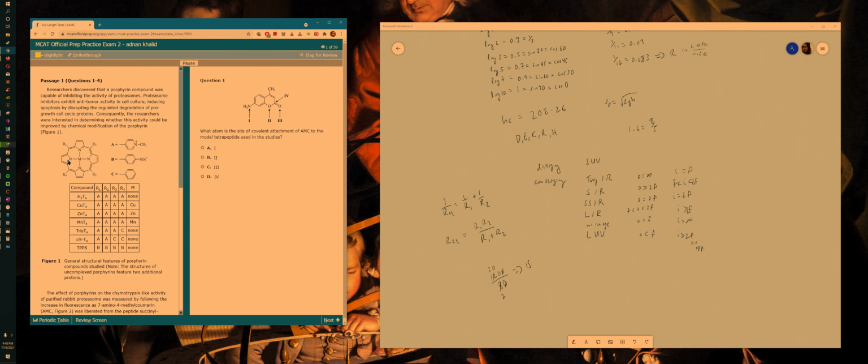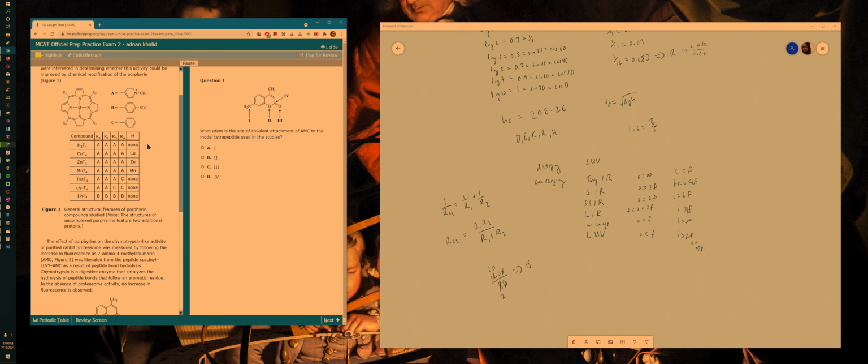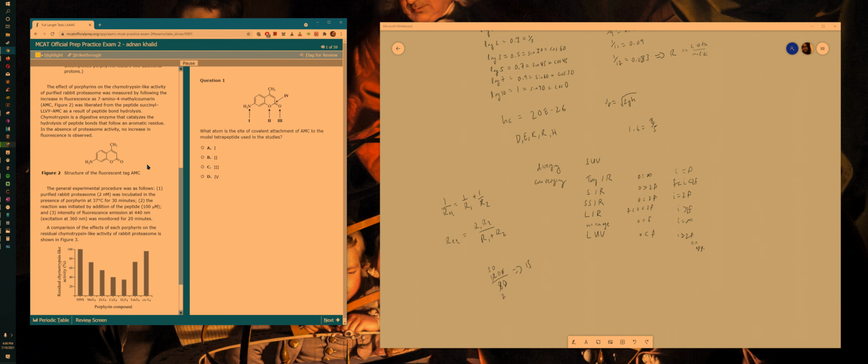Tetrapeptide, is it this thing over here? Peptide, succinyl. So generally speaking, right now I'm basically reading parts of the passage and it's all going into my brain.